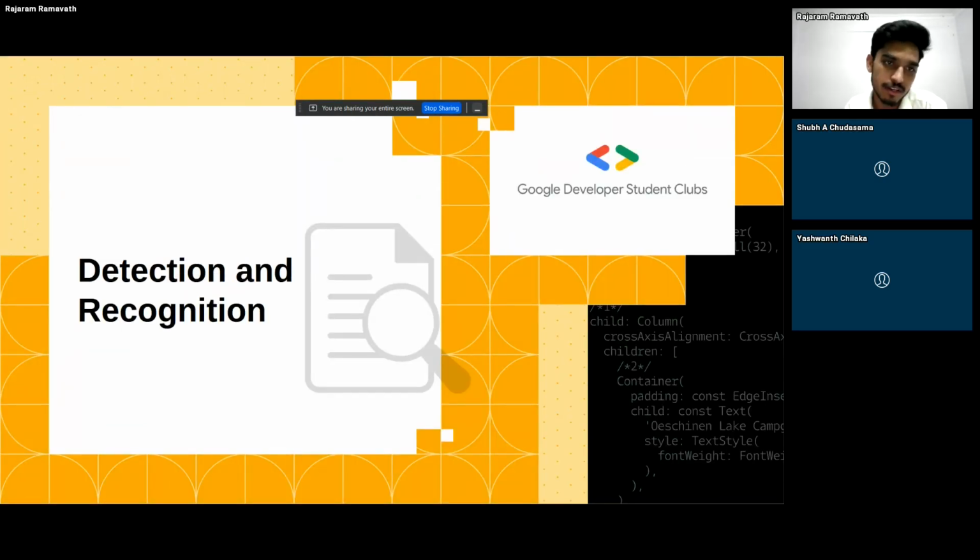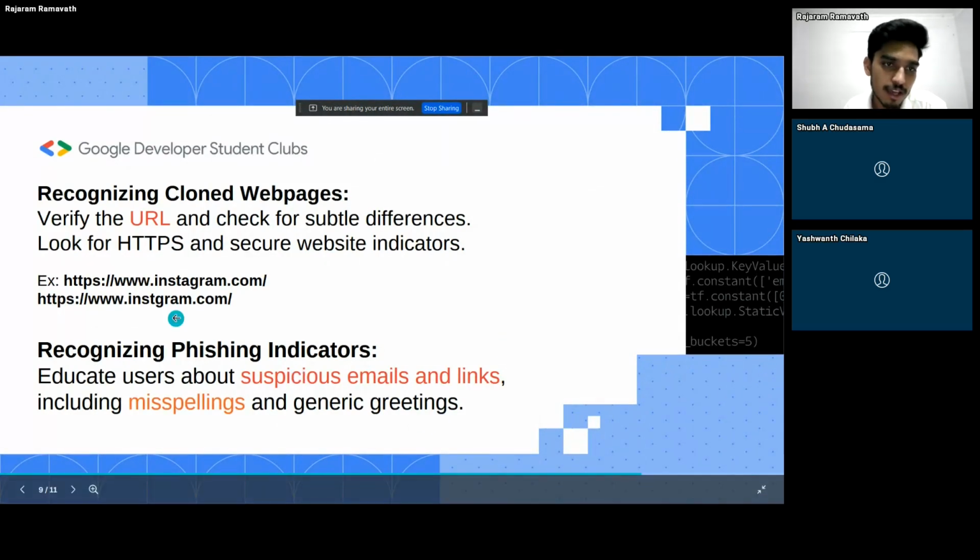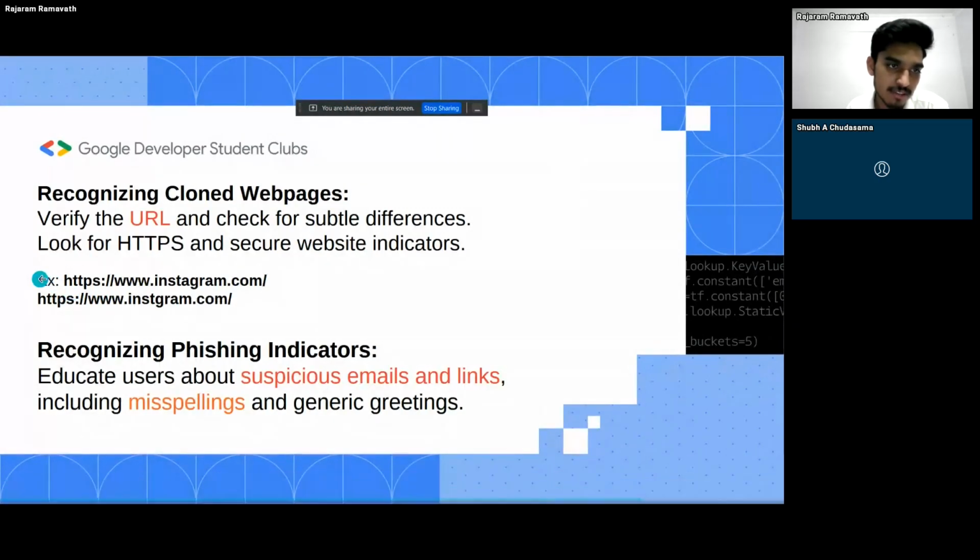So how do we detect whether the web page is original or not? Whenever you see any kind of link, have a close look at the URL. Check it twice or thrice. Just check the URL. For example, as I was talking about Instagram, let's say this is the original URL, https www.instagram.com. If the attacker wants to get credentials like the username and password of Instagram from an individual, then he might create another URL which replicates the same but with small changes, like https www.instagram.